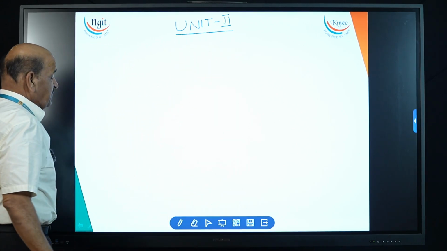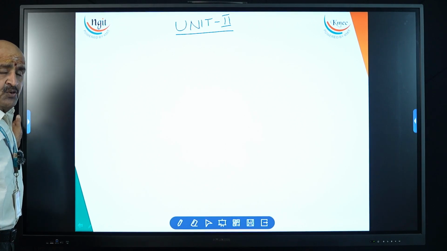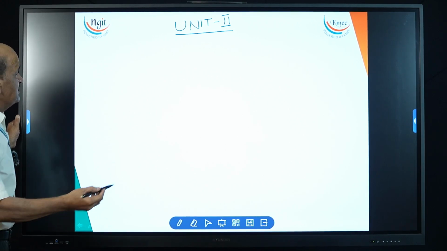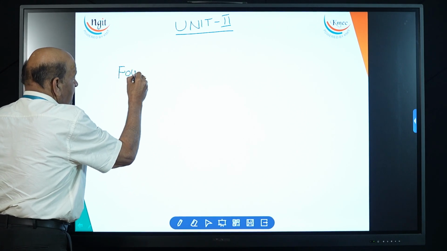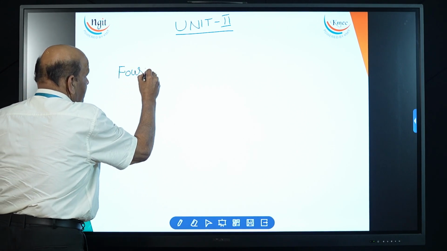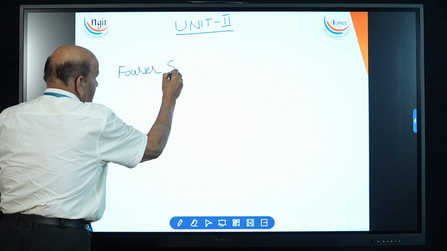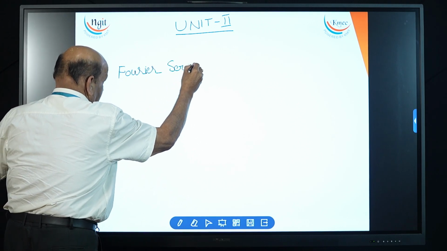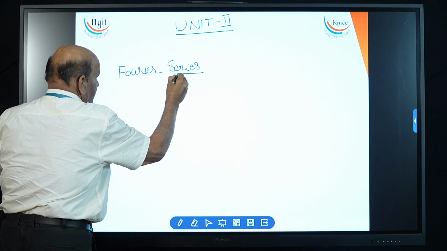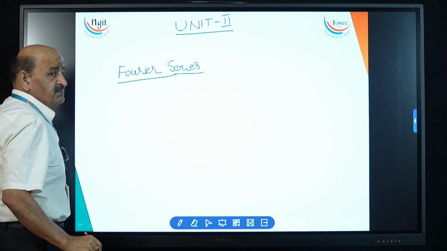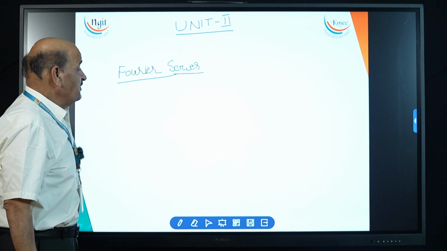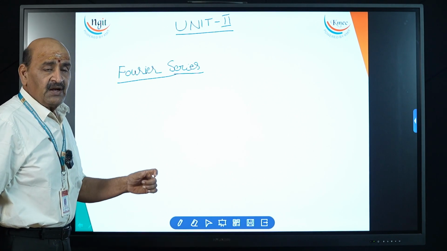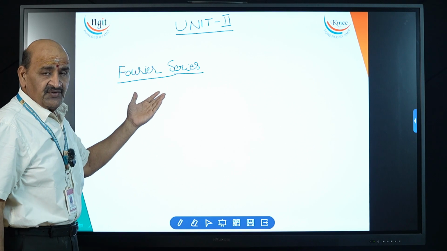of Signals and Systems. In Unit 2, the major concepts are regarding Fourier series. Students can 100% expect a numerical problem on this Fourier series.